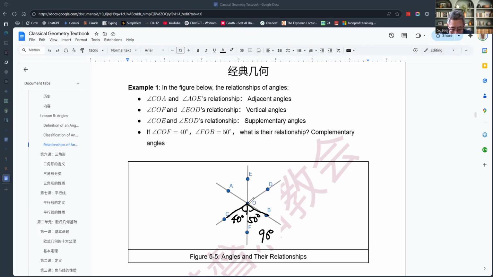Again, those two angles are adjacent because they have a common vertex and a common side, but together they make a 90-degree angle. So we give them a special name: complementary angles. So that's what we've got there.